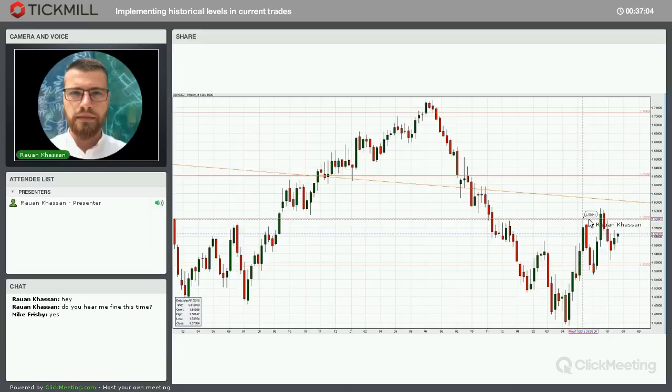Next time, this level played actually just last month in the middle of June. And this example is a bit more tricky. As you can see, the price has overcome the historical level and has gone above it. So this historical level was not that good in producing a correct exit or entry point, but still it could have been used as a useful confirmation for further trades.